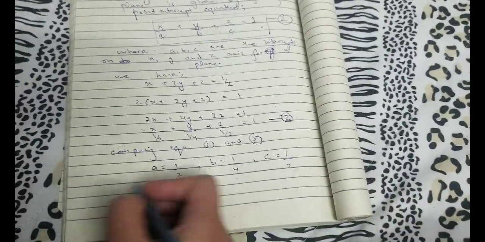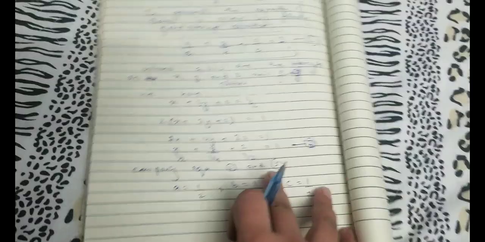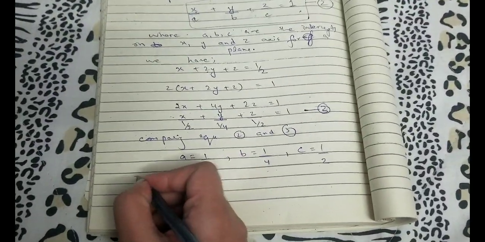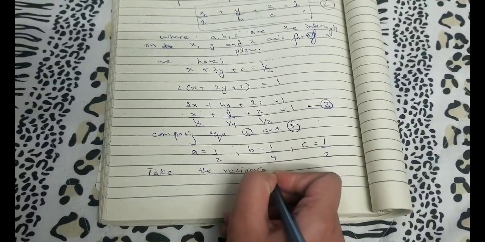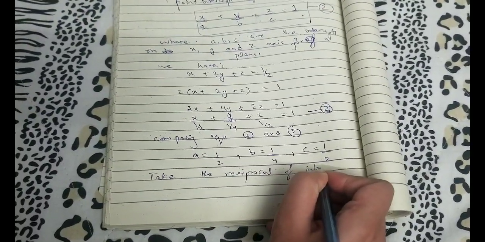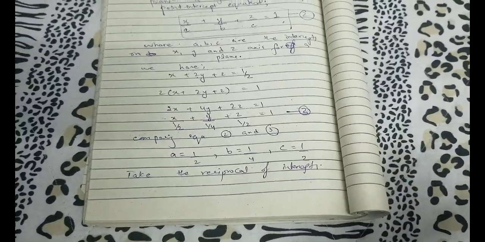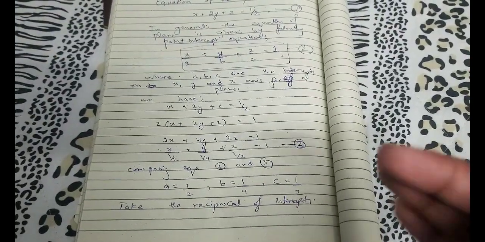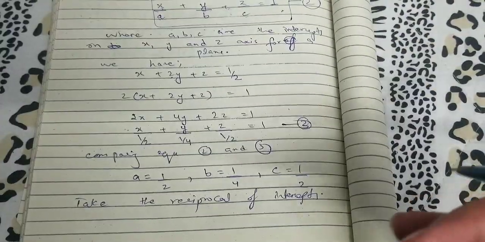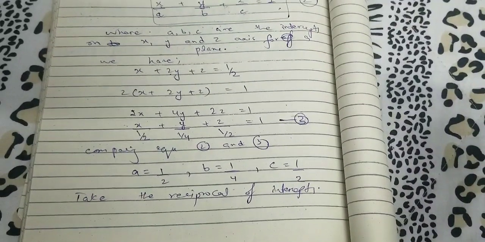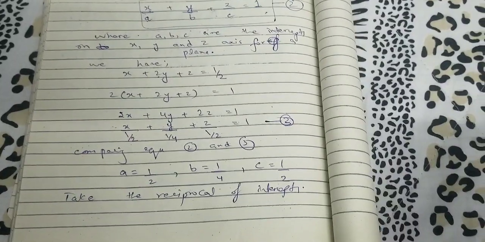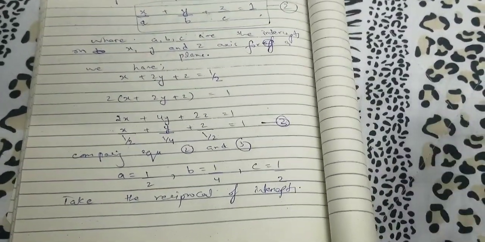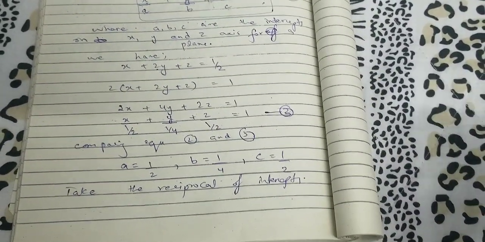So these are the intercepts of the plane, and the next step is to take the reciprocal of the intercepts. In order to find the Miller indices, we first find the intercepts, and after that we take the reciprocal of the intercepts. After taking the reciprocals, if there is no fraction involved, then the final result will be the Miller indices of the plane.